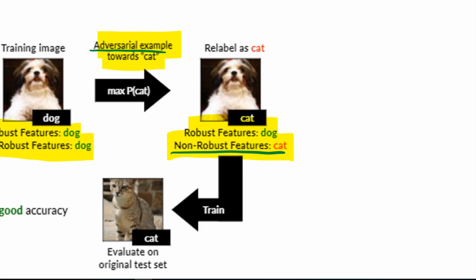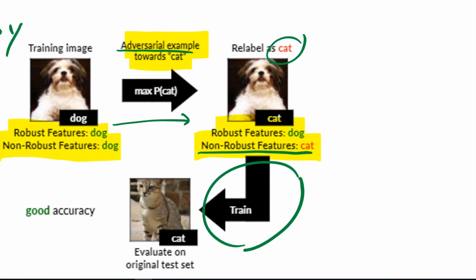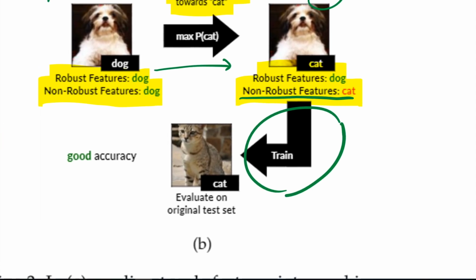So they derive an entire data set where they change every image to another image, and they also change the labels accordingly. And then they train again a regular neural network on this, and they look at what happens on the unmodified test set.